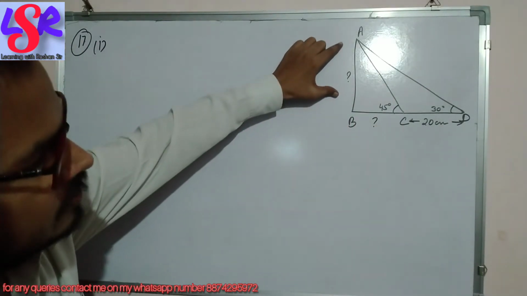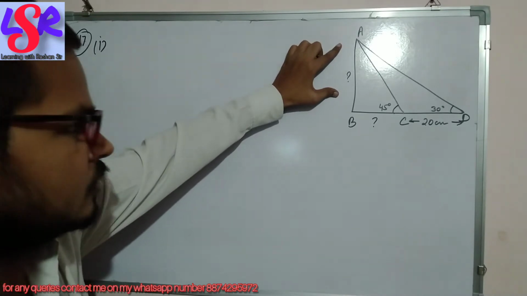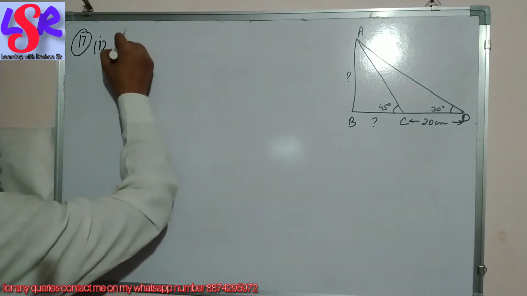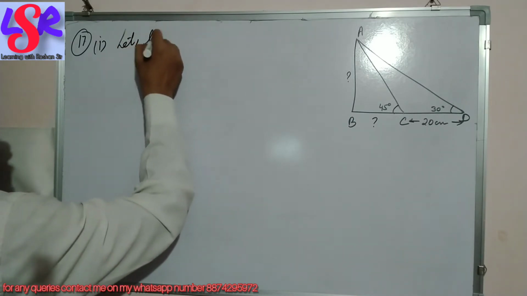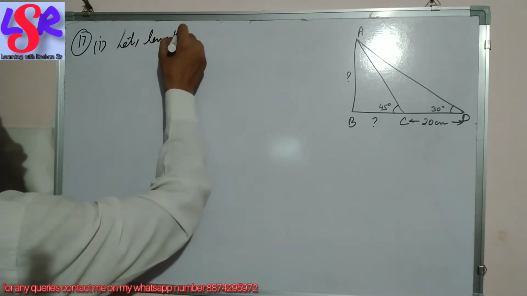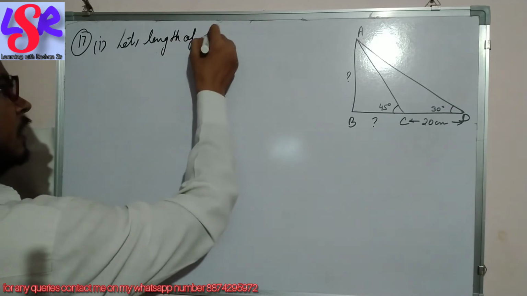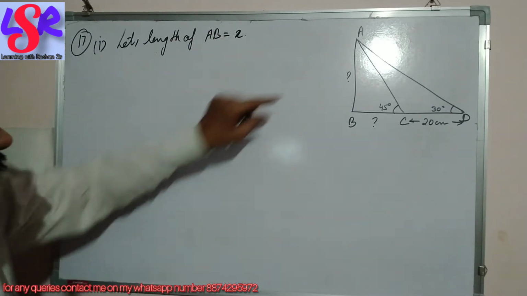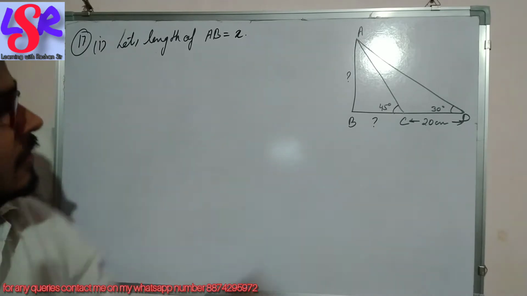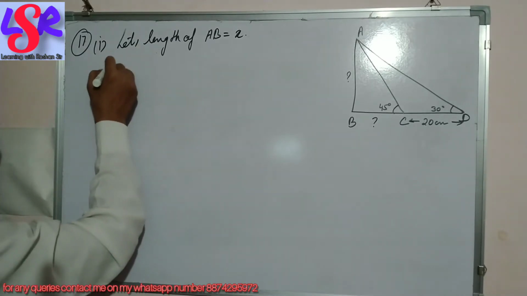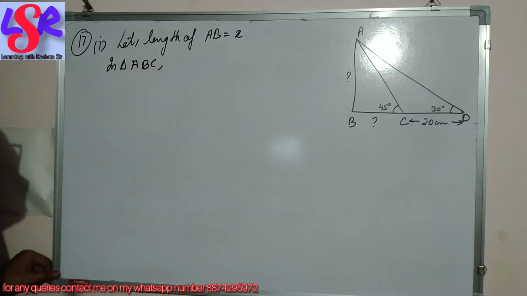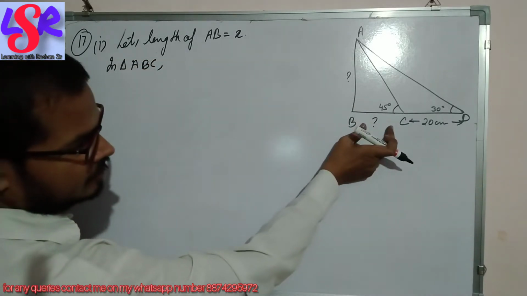So first of all, let us suppose the value of one of them as x. So let this AB be x. Let length of AB equals to x. Now in triangle ABC, with the help of tan theta we can calculate this one.